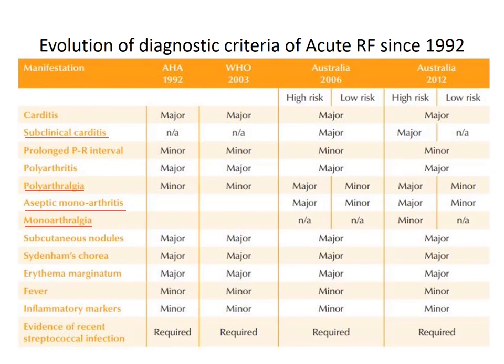I'm not going to go through all the evolution of the diagnostic criteria of acute rheumatic fever since '92, but I just want to show you how the doctors tried to find ways of diagnosing the process of acute rheumatic fever more accurately in patients, because the Australian group have both the high-risk population and low-risk population in their country, and so they were able to make those criteria more accurate in diagnosis.